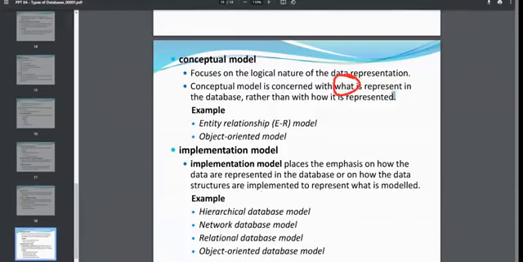It is caring about what is represented, not the way it is represented; it is trying to display the required things. Examples are the object-oriented model and the entity relationship model. In this program, we are mainly learning about the ER model.